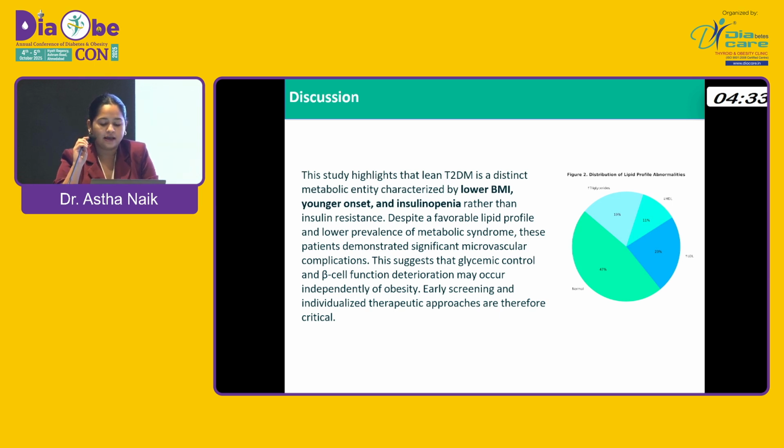Possible explanations would be delayed diagnosis leading to complications by the time of presentation, autoimmune diabetes or LADA misclassified as type 2 diabetes mellitus since autoantibody testing wasn't done in this study, genetic or monogenic diabetes variants such as MODY, and even visceral adiposity, fat distribution not captured by BMI data.